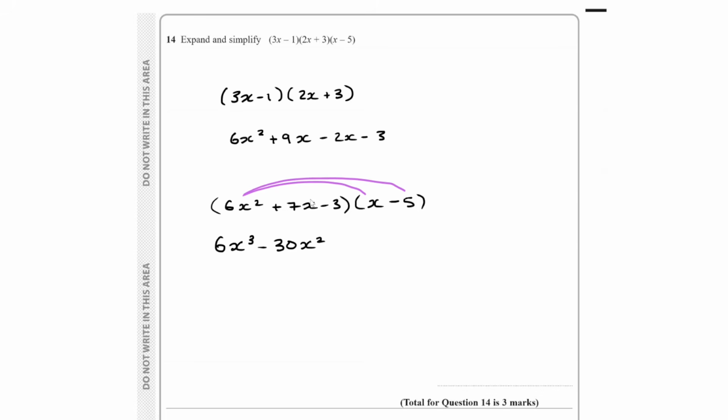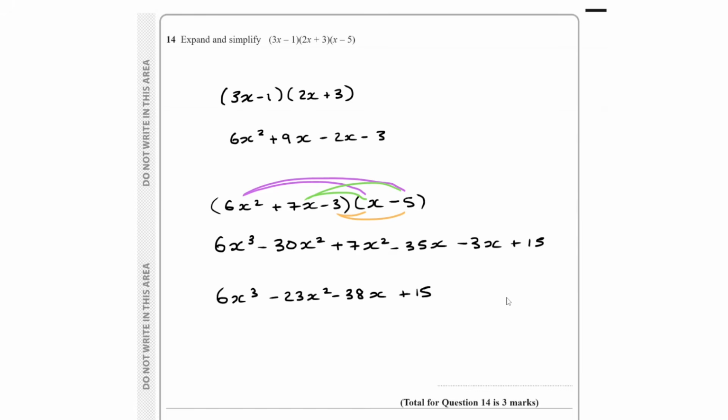Then I move on to the 7x, so 7x times x, and 7x times negative 5, so that's plus 7x squared, minus 35x, and then finally, negative 3 times x, and negative 3 times negative 5. Negative 3x plus 15. I do it in that order just because then, when I collect my like terms, they're all next to each other, so it's just a little bit easier, I think. So 6x cubed, minus 23x squared, minus 38x plus 15. So there's your final answer for 3 marks.